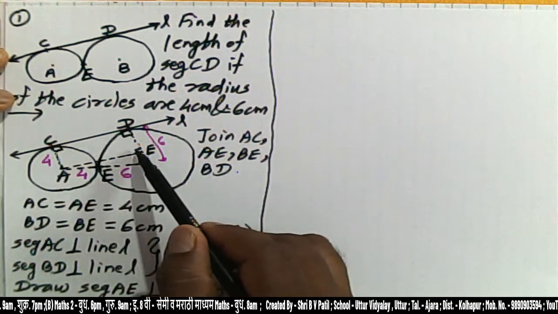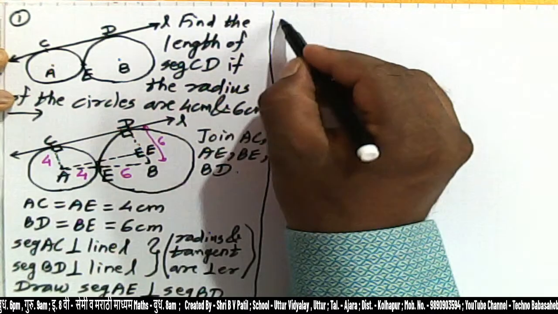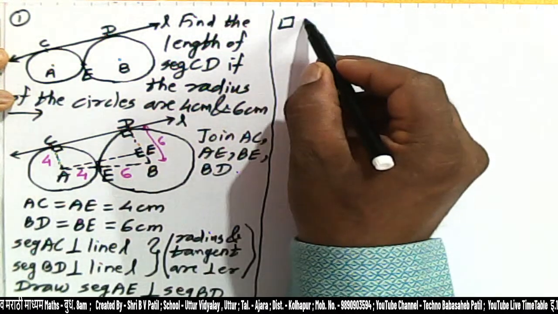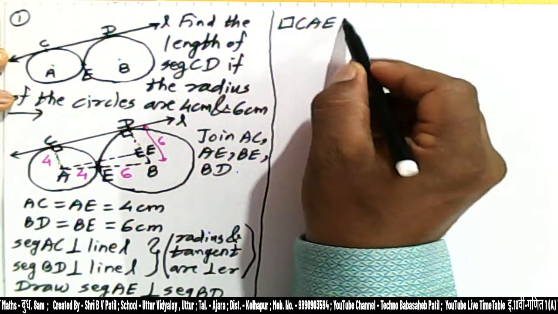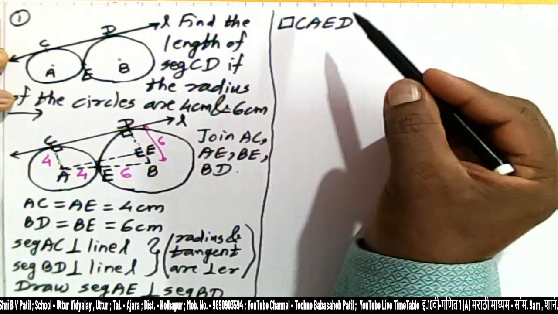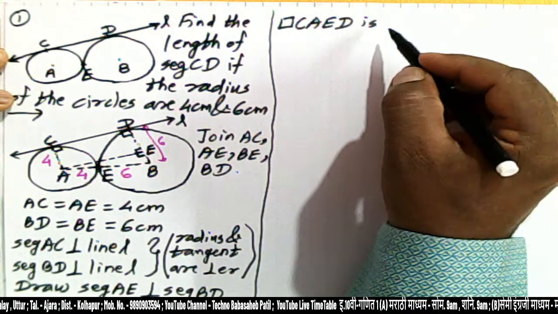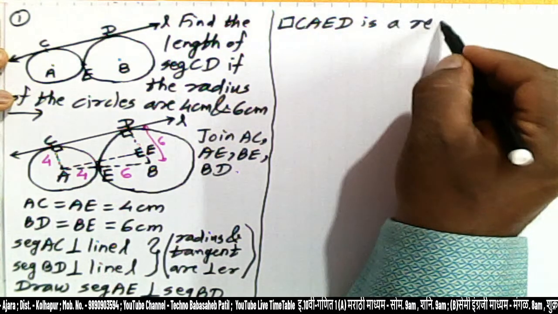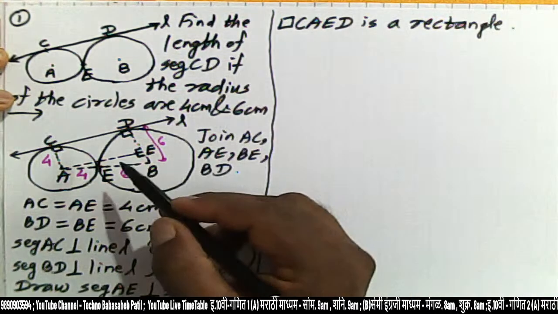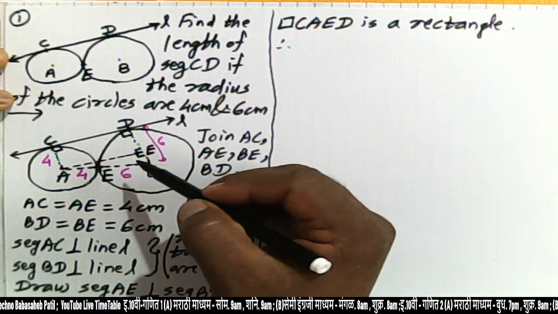Means each angle is 90 degree, then that quadrilateral CAED is which type of quadrilateral? Tell here. It is a rectangle, because each angle is 90 degree.